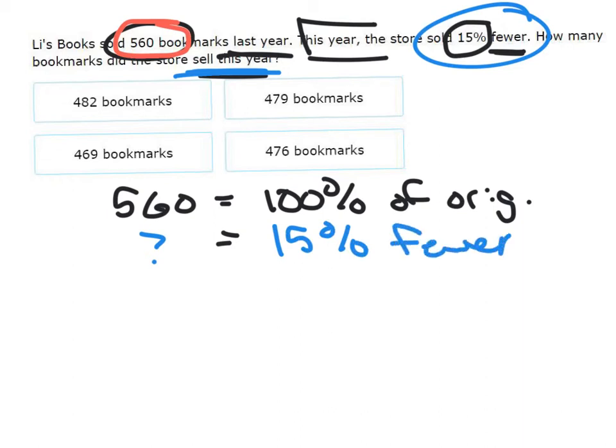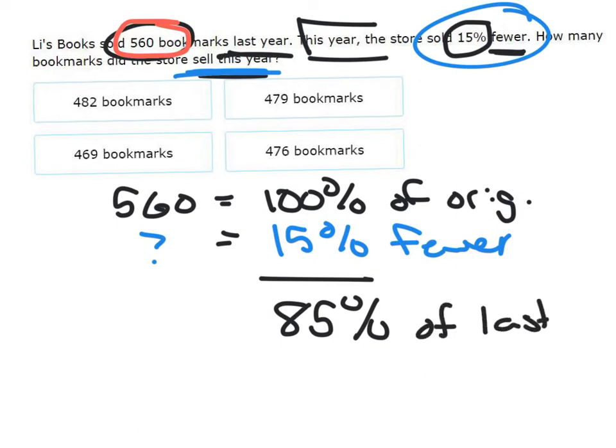So what I can do to figure this out is if I take my 100% and I subtract the 15%, I find that I sold 85% of last year's bookmarks. Once I understand that I can set it up like this because it's telling me that I sold 15% fewer from my 100% that I sold last year, I can convert my 85% to a decimal.